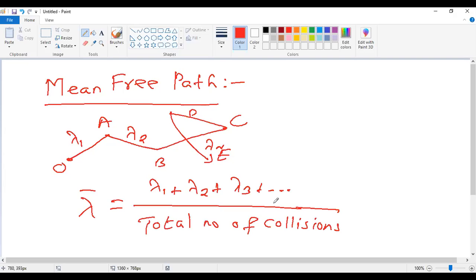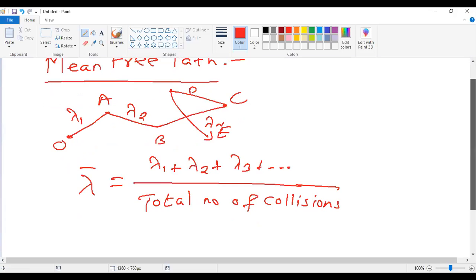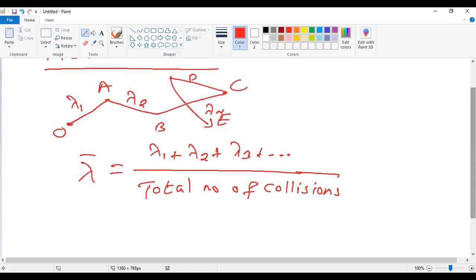Okay, this is the mean free path formula: lambda bar equals lambda 1 plus lambda 2 plus lambda 3 up to lambda n, divided by the total number of collisions.